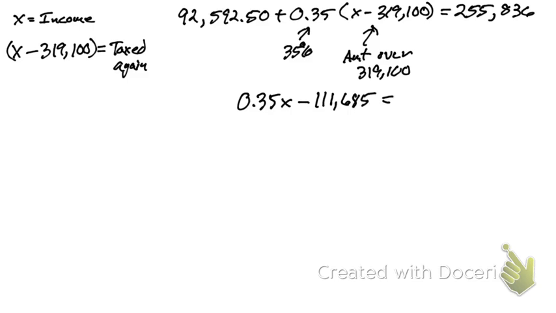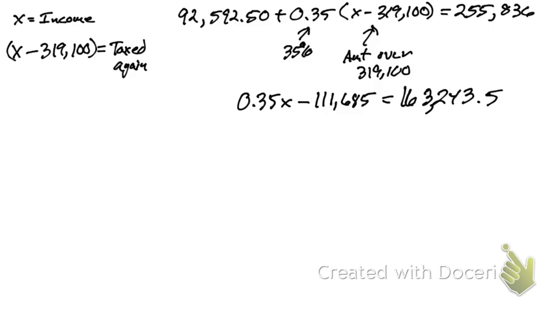And then I would subtract that 92,000-ish from that 255,836. So 255,836 minus the 92,592.5, we would have 163,243.5. Oh, that was way wrong.